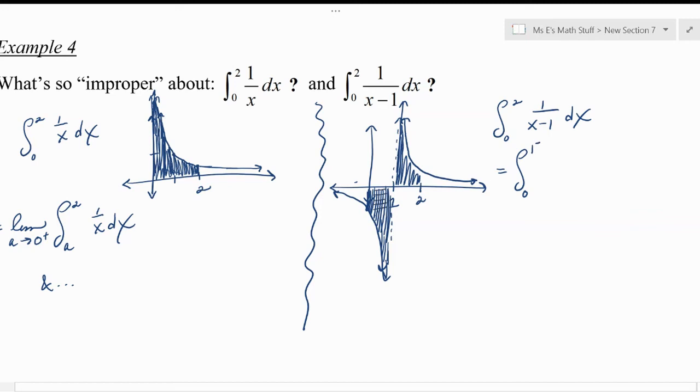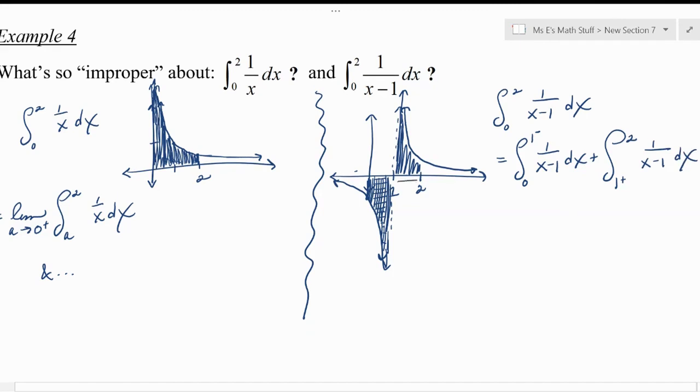That would be defining this little left side of the region. And then you could add the integral from 1, coming at it from the right side, all the way to 2. And then you'd be defining this little piece over here.